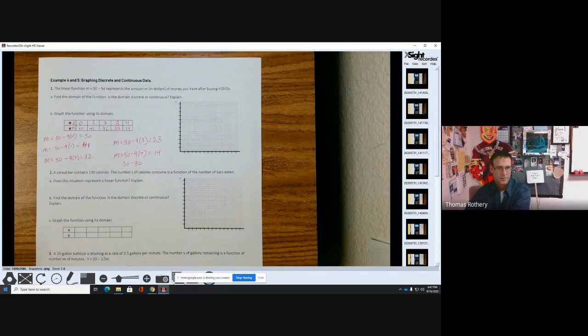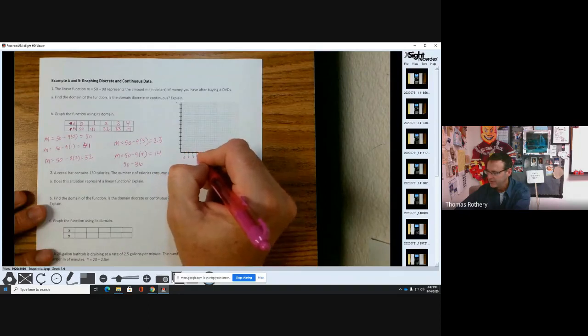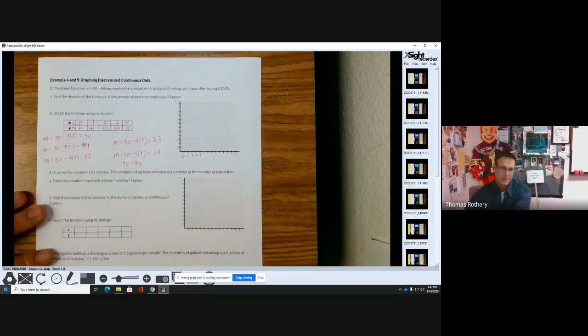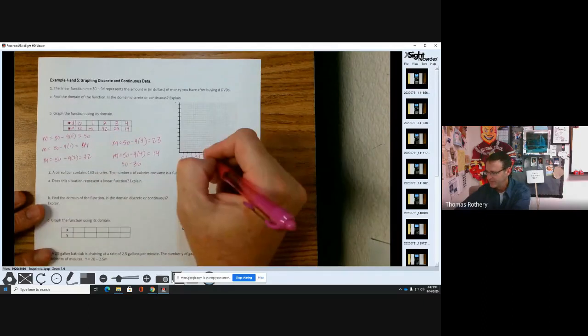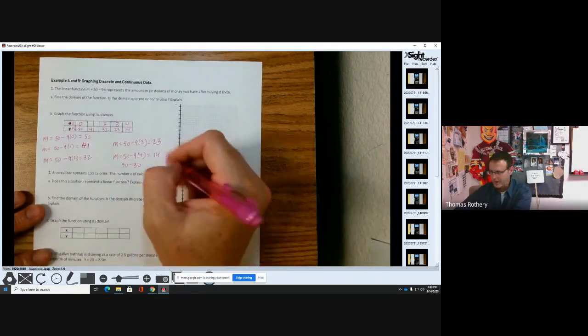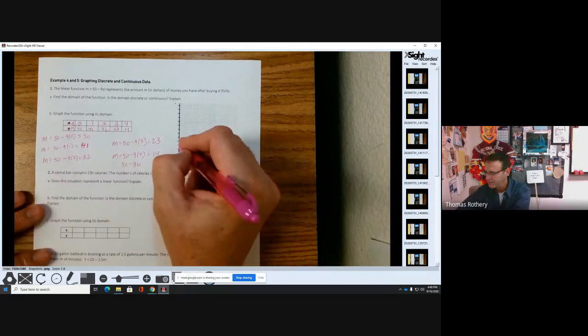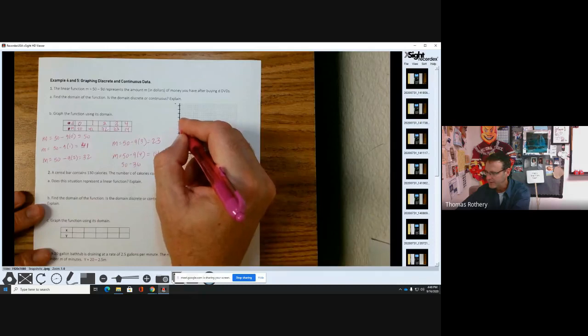All right, now what I'm going to do is I'm going to graph it. And I can count by here by ones. Okay, I'm not going to go past maybe 5 or 6. And then when I want to count upwards, I have to count as much as 50. Okay, so what do I got? 1, 2, 3, 4, 5, 6, 7, 8, 9, 10.